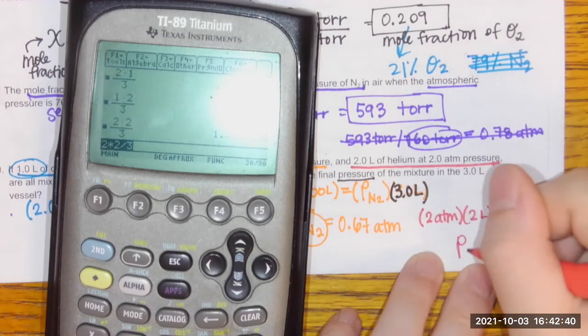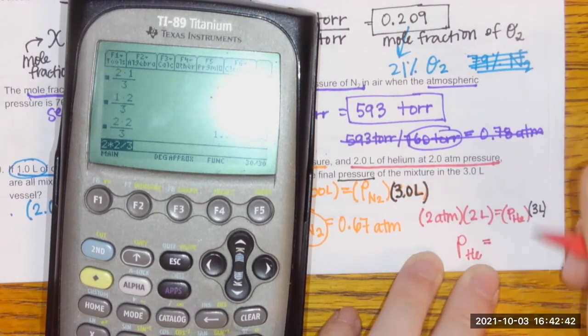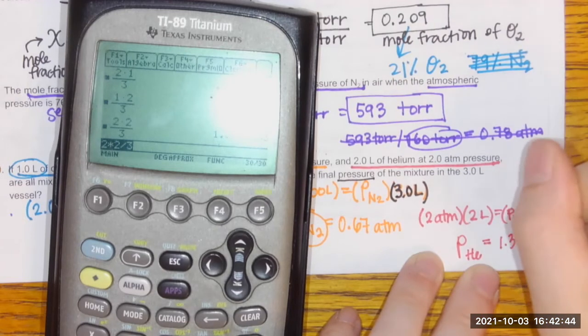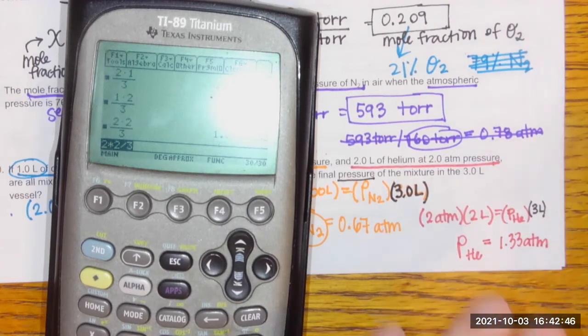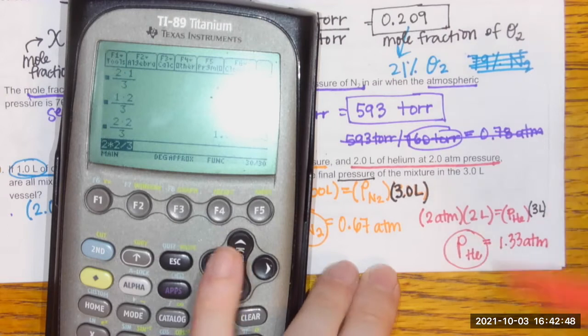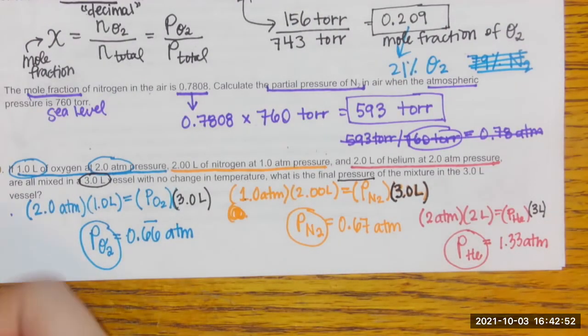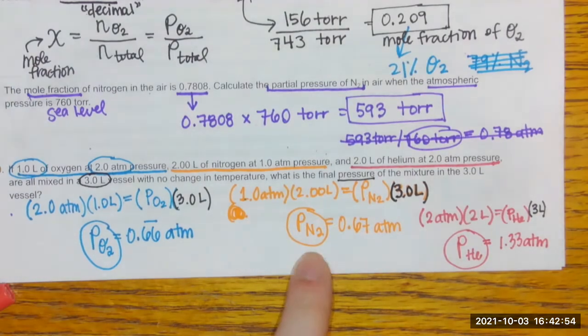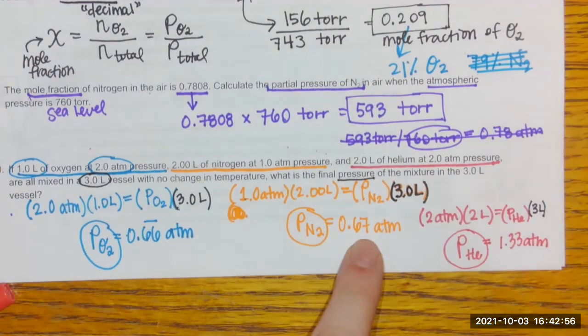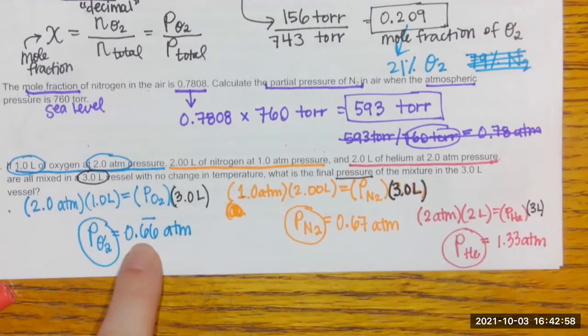The partial pressure of the helium is 1.33 atmospheres. So if the helium is pushing 1.33 in this new container, the nitrogen is pushing 0.67, and the oxygen is pushing 0.66 in the new container.